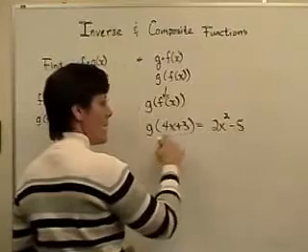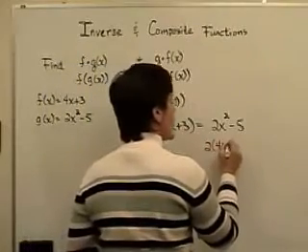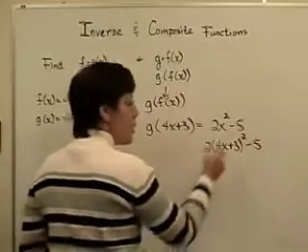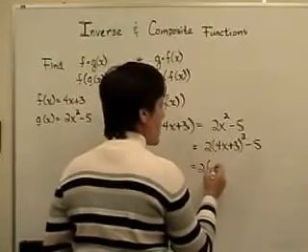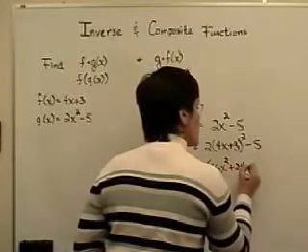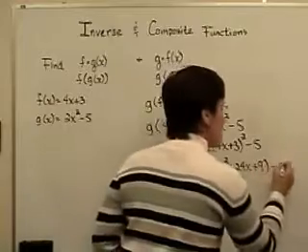So for x, I have to put in the binomial 4x plus 3. So I have 2 times 4x plus 3, that binomial squared, minus 5. When I square that binomial, and I'm not going to write that all out, you should write it out twice to make sure you get what I get. I'm going to get 16x squared plus 24x plus 9 when I multiply that binomial times itself. Bring down your minus 5.